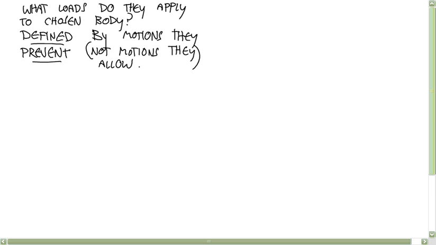Okay, so first, let's go through some of the two-dimensional joints. And first, let's start with a whole set of things that you'll see in drawings and they look different, but they all actually do the same thing mathematically.